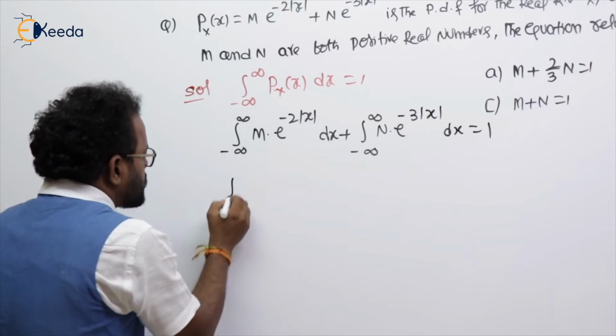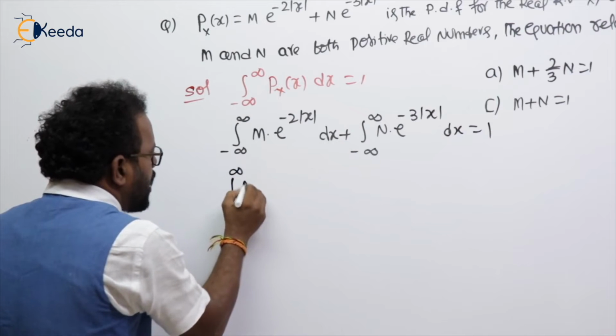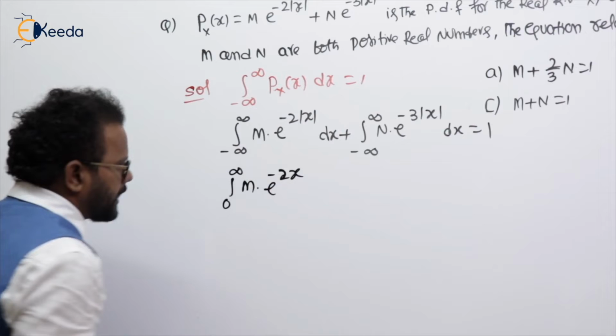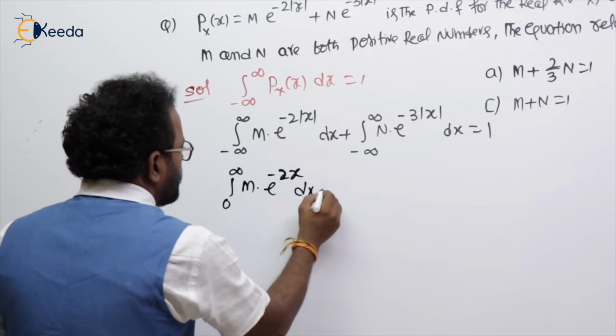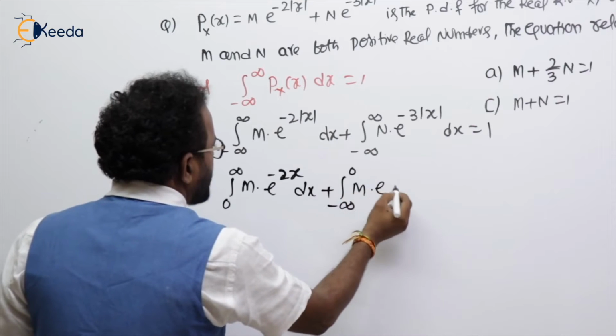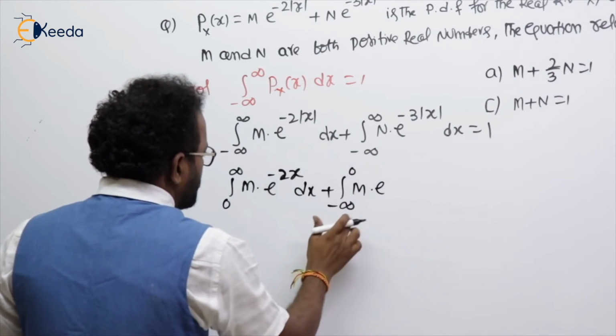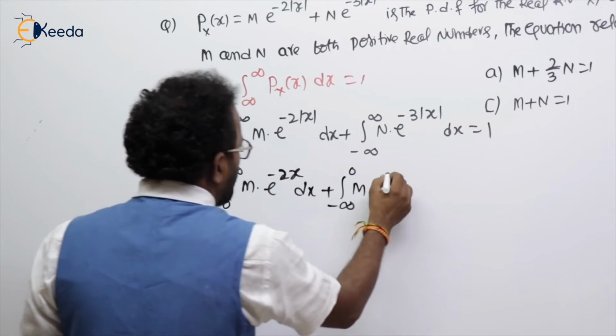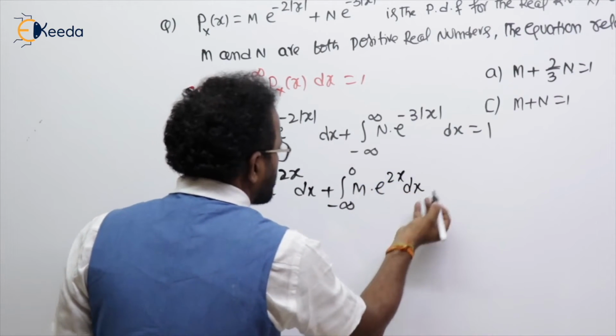Here we already know that mod x is positive for x greater than 0 and negative for x less than 0. So that's why I have written from minus infinity to 0, minus of minus plus, so e power 2x dx.